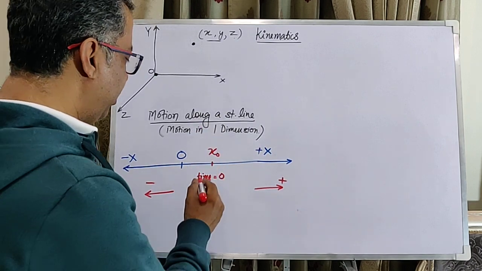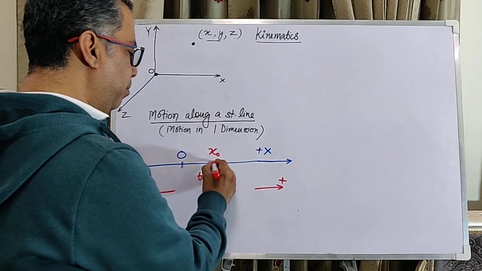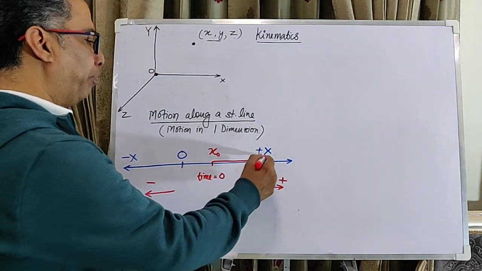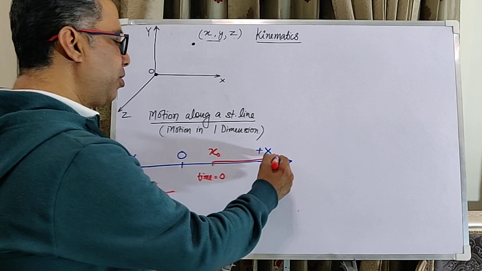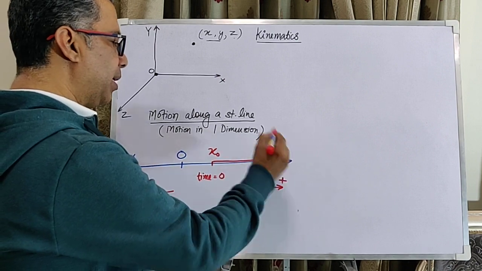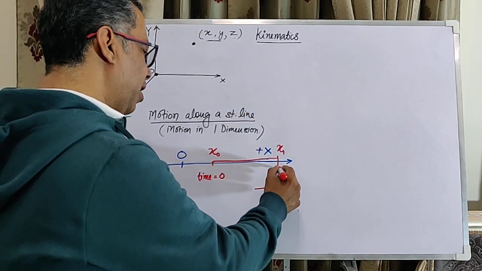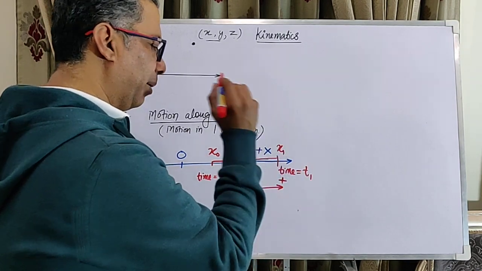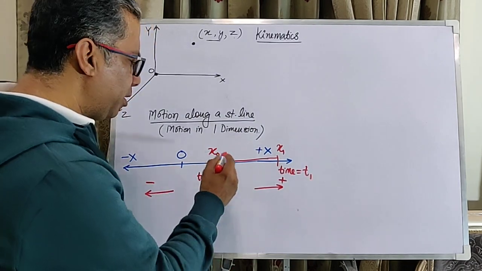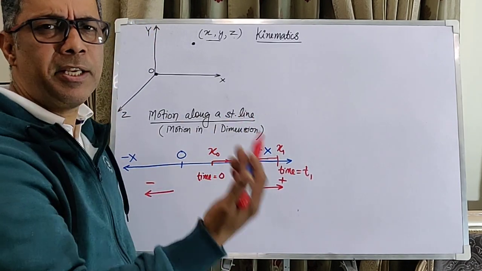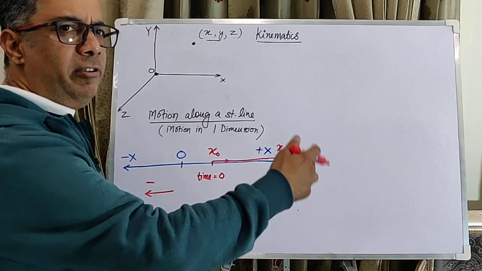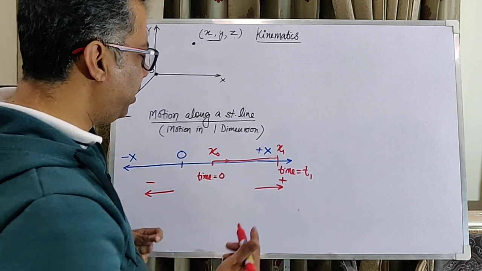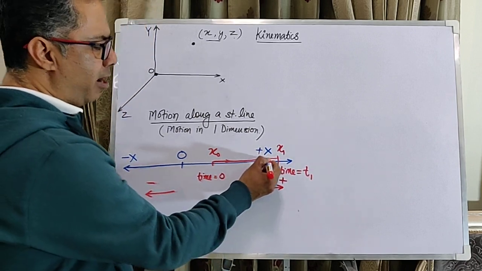Now we kept observing this motion, and the object kept moving in the positive direction of x-axis, and when it reached a position, say x1, we assume that the time was equal to t1. Now I'm just simply describing a very simple example of motion, and then we will talk about it at length and understand a few basic terms regarding motion.